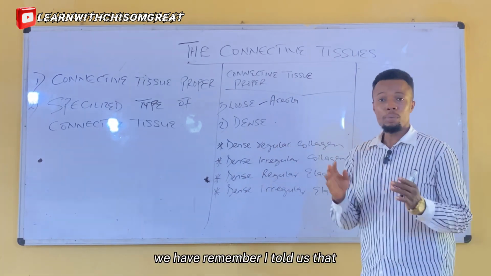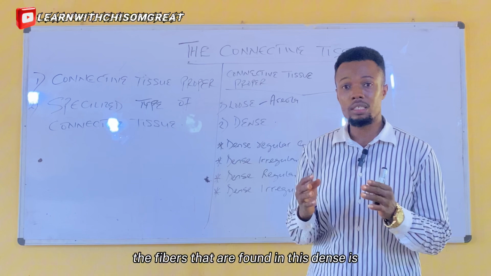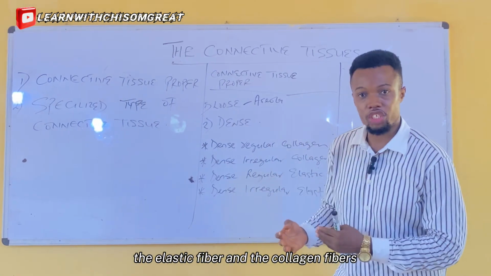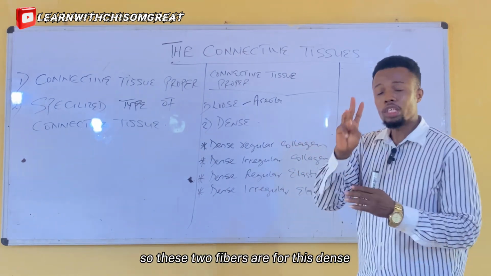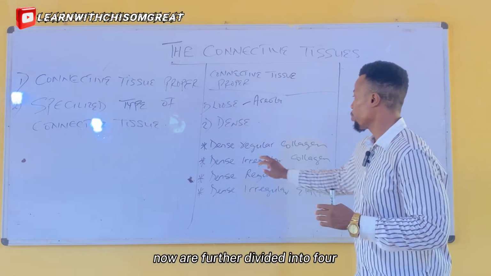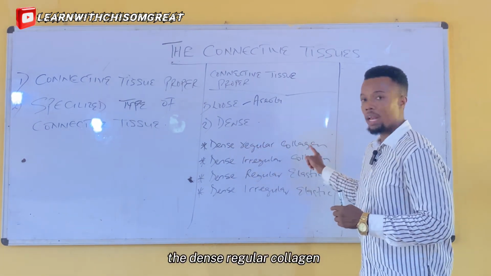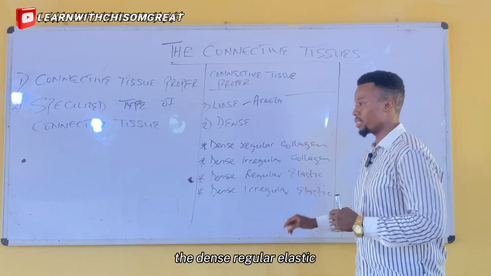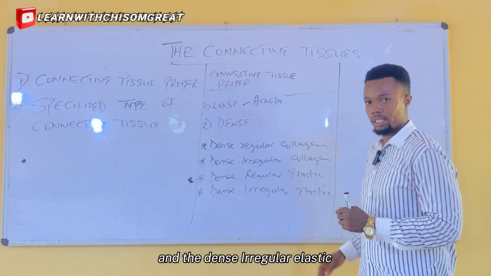Remember I told us that the fibers found in this dense type are the elastic fibers and the collagen fibers. These two are further divided into four: the dense regular collagen, the dense irregular collagen, the dense regular elastic, and the dense irregular elastic.